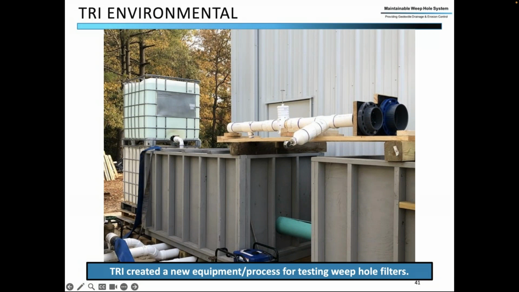TR Environmental built a massive piece of test equipment here, where they were able to pass water, cycle water, pump it in, put it through a pipe, measure different PSI, and measure the different performance of different geotextile filter fabrics and different types of configurations of weep hole filters.